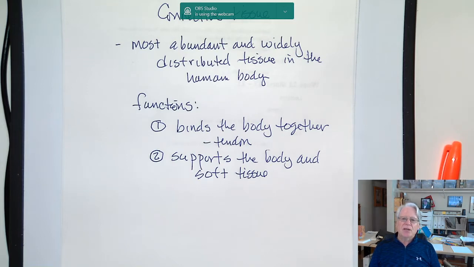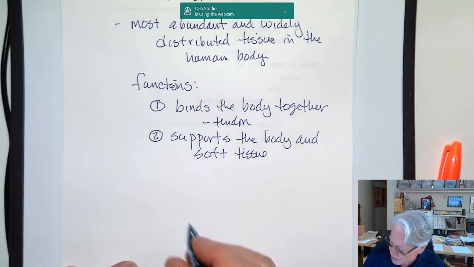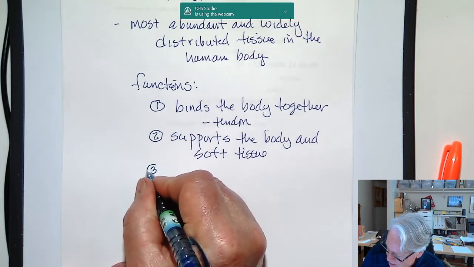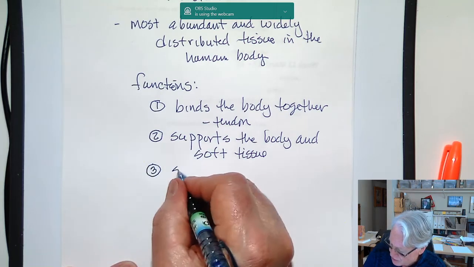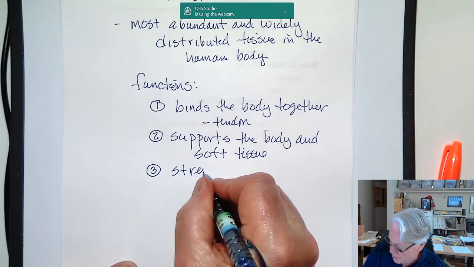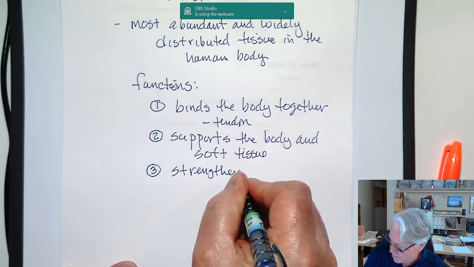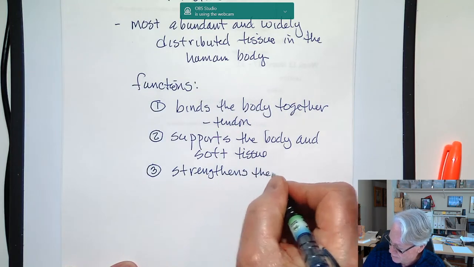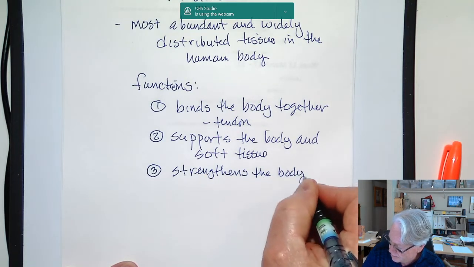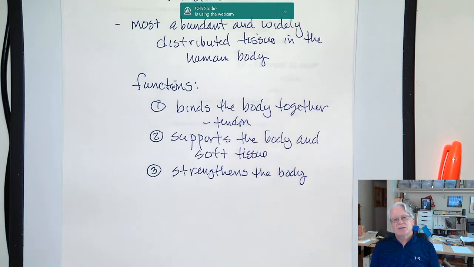And we also can support within the body cavities, building a framework from bones, a supporting network for lots of the soft tissue that we have. Okay, so supports the body. A third function is it strengthens the body, in a number of different ways.